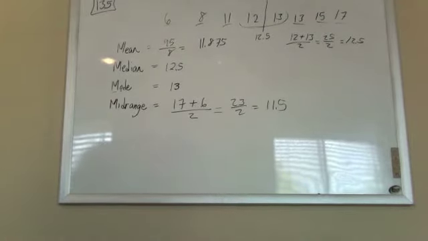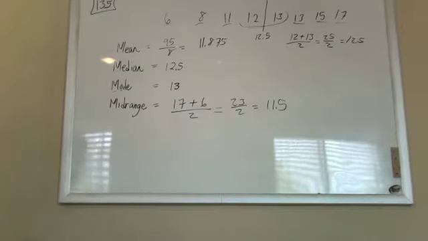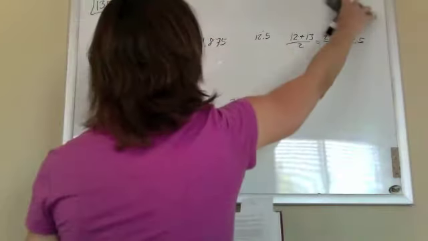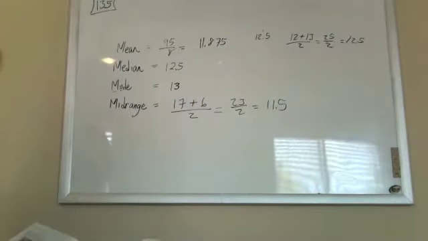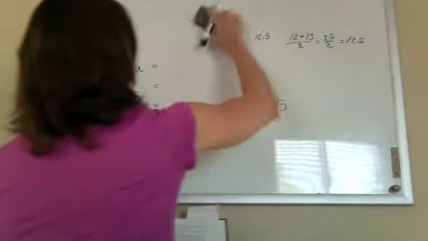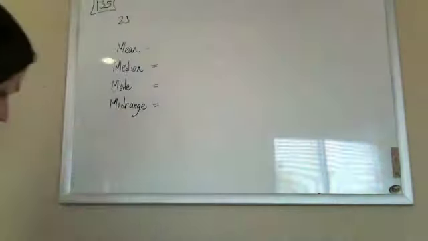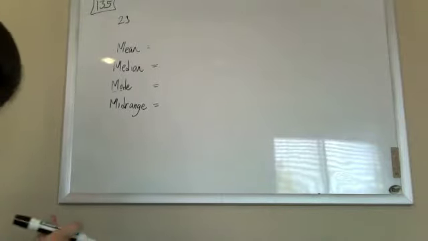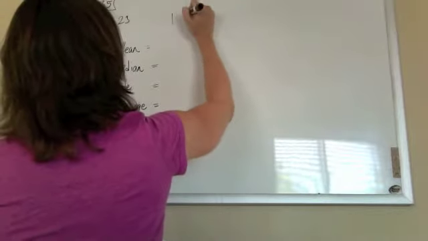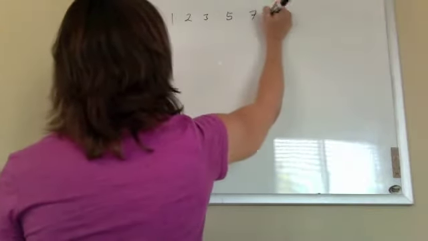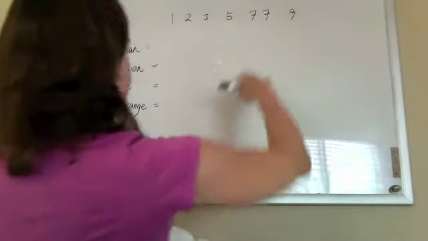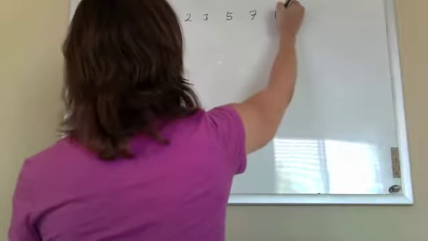So for 23, do the same thing. We've got 1, 2, 3, 5, 7, and 11.